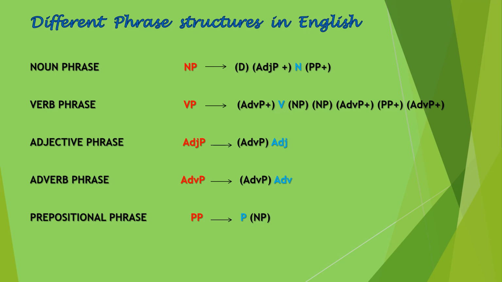And then we have the prepositional phrase. In a prepositional phrase, we generally have a preposition followed by a noun phrase. So these were the different phrase structures. You need to memorize these in order to list the phrase structure rules efficiently.